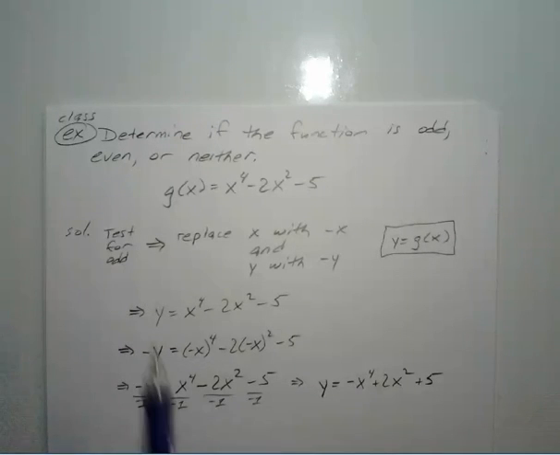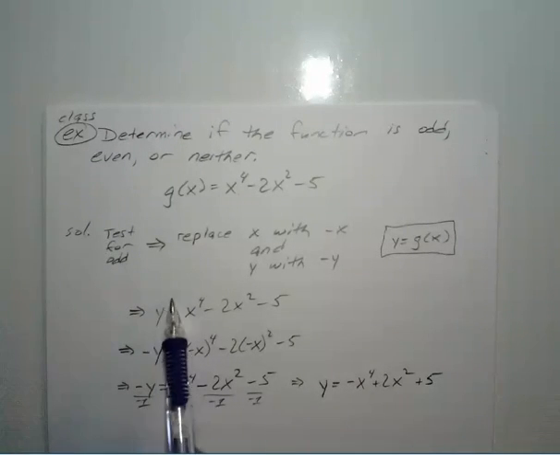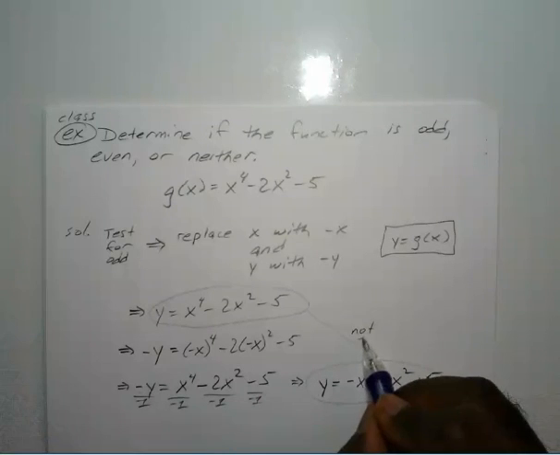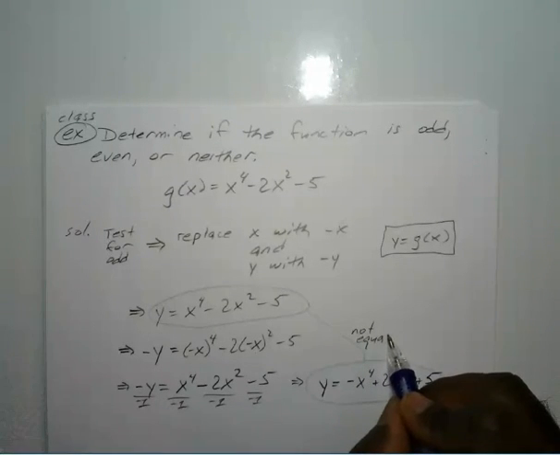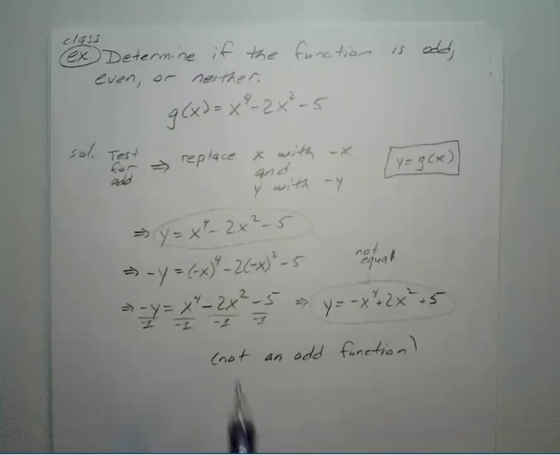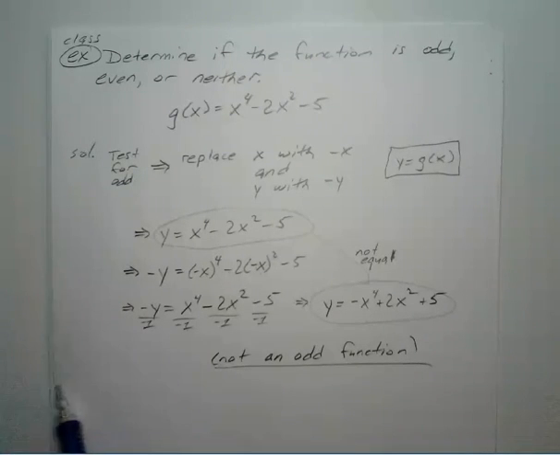Okay, so we can see here that this does not equal that. Okay, so these two are not the same. So we can see there that it is not an odd function, since it failed the test for odd functions. So now we can do the even function.